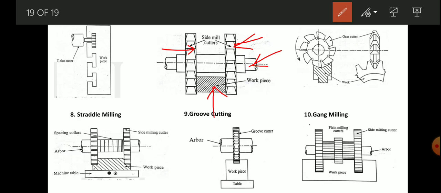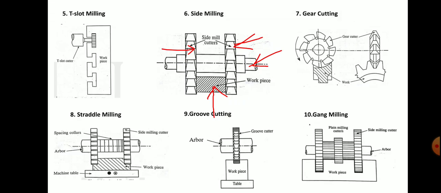Here, on the side of the workpiece, it is used to make the flat surface using a side milling cutter. The cutter has teeth on its face as well as on its side.